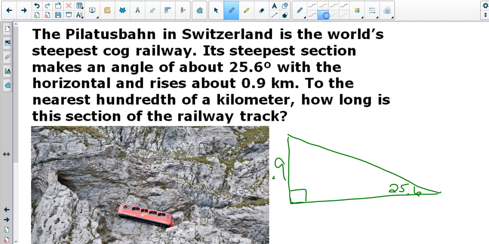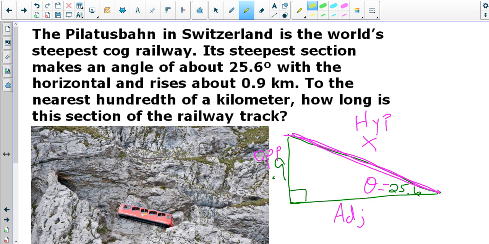Well, if you think about it, the railroad would actually be traveling this section of the triangle. So we want to find that length. I'm going to put my theta here at the 25.6 degrees and label my triangle. This would be my opposite, this would be my hypotenuse, and this would be my adjacent. So I'm looking here for the hypotenuse, and I know the opposite.